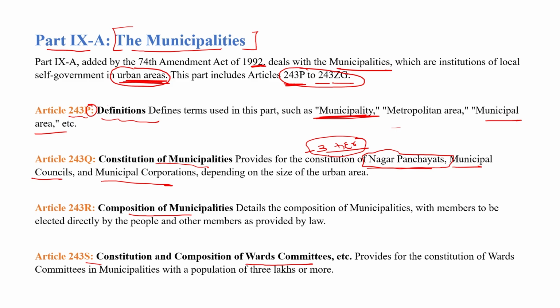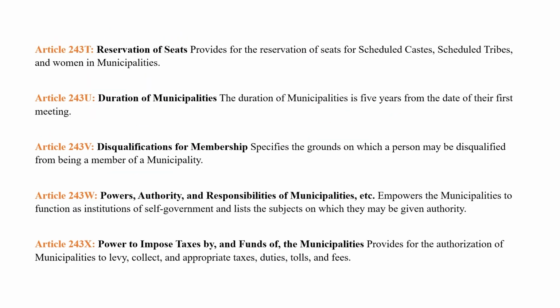If the population is more than 3 lakh, then a ward committee will be established. 243T provides the reservation for SC, ST and women. As I told you, women in urban local government have 1/3 reservation.